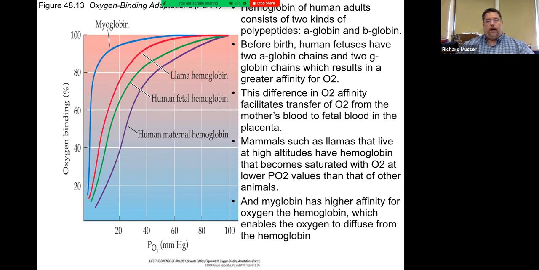Llamas, which are high altitude animals, have a hemoglobin that can really hold on to oxygen, even in these high altitude environments. So their hemoglobin has a greater affinity for oxygen than your hemoglobin does. And then the structure that has the most affinity for oxygen, myoglobin, because again, your muscles are going to need to pull that oxygen from the blood. And so it's going to have the greatest affinity for oxygen.